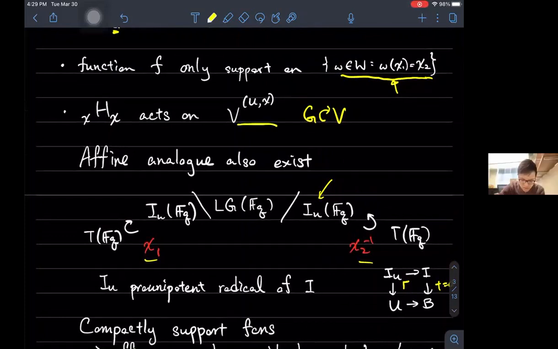Oh, so basically I want to say you consider the U-invariants of the space, and then T still acts on it, and then it decomposes according to the character. Maybe I use μ.